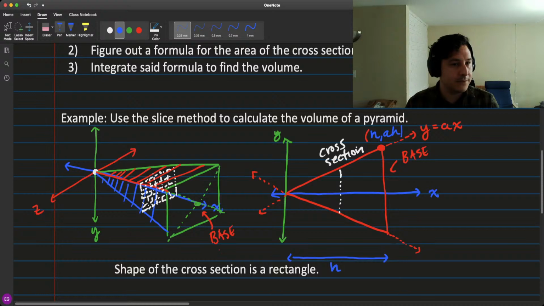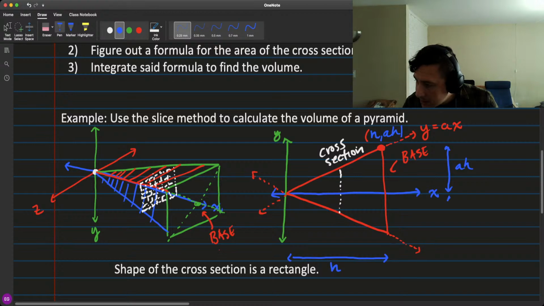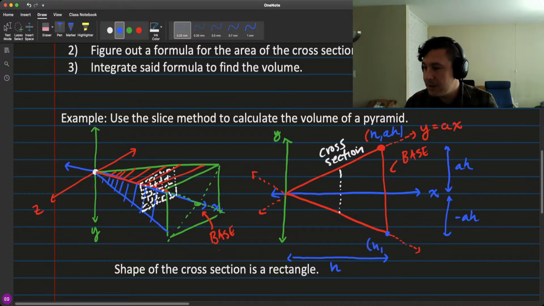It's ah. So this is ah, and we also want this one to be negative ah. So this point right here is h, and it's going to be y equals negative ax.